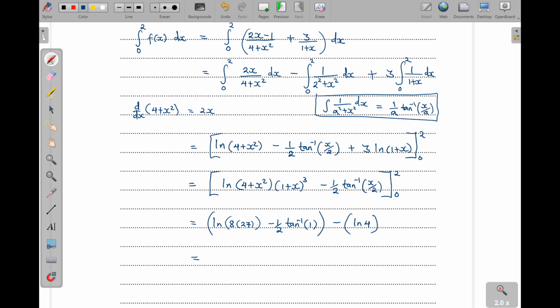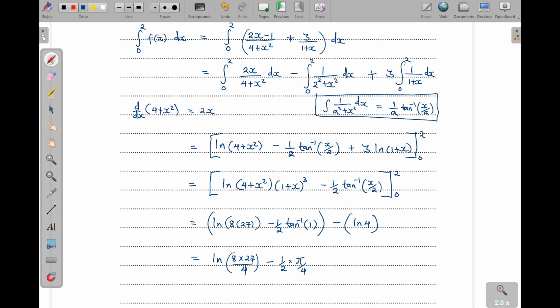Then I'll get the natural log of 8 times 27. Then I will divide by 4 because this is a natural logarithm and then this is a natural logarithm. This is a subtraction, so we divide the powers. Then after that, we shall have a half, then the arctan of 1 is pi over 4. So times pi over 4.